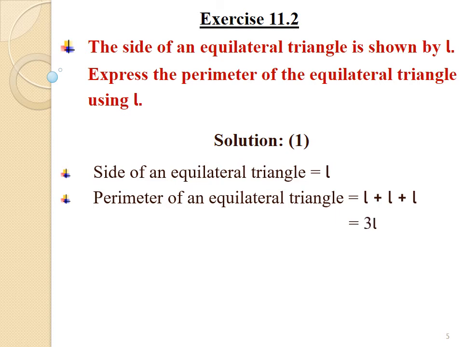Thus, we get the rule for the perimeter of an equilateral triangle, which equals 3L, where L is the side of the triangle. Here, 3 is a constant, that is a fixed number, and L is a variable.